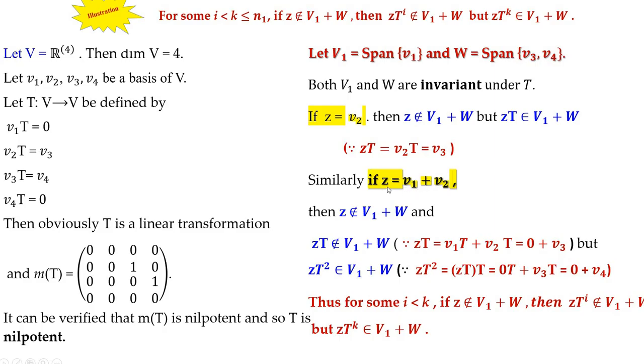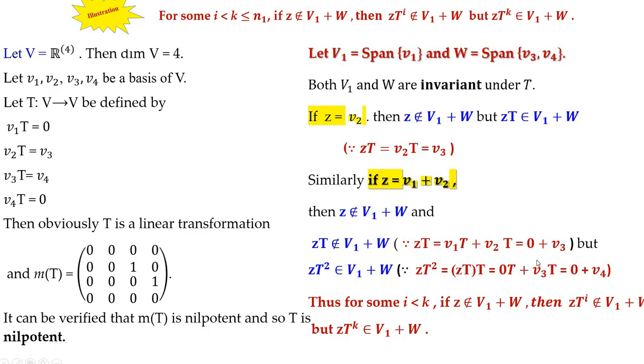Now, in the same way, suppose I consider Z to be V1 plus V2. Then definitely, because V2 is not there, it is not in V1 plus W. When you apply T once, what you get is this one. So here you have Z alone does not belong to this, but ZT itself is a member of this.